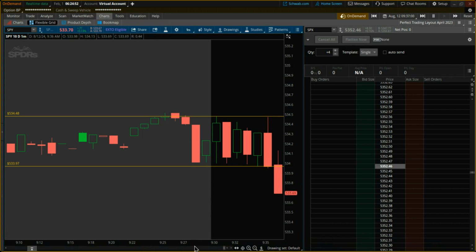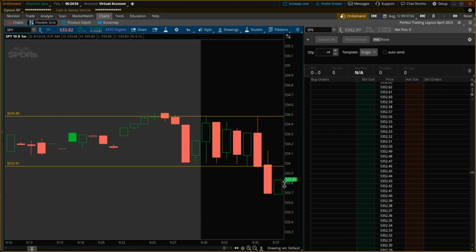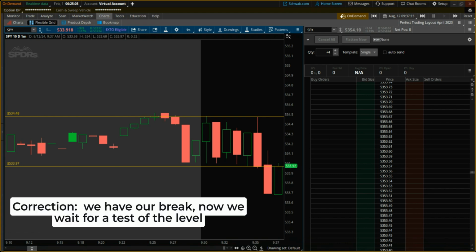Now, we have our close and we're now waiting. We have our breakout and now we're waiting for our retest. So let's see if this candle retests.